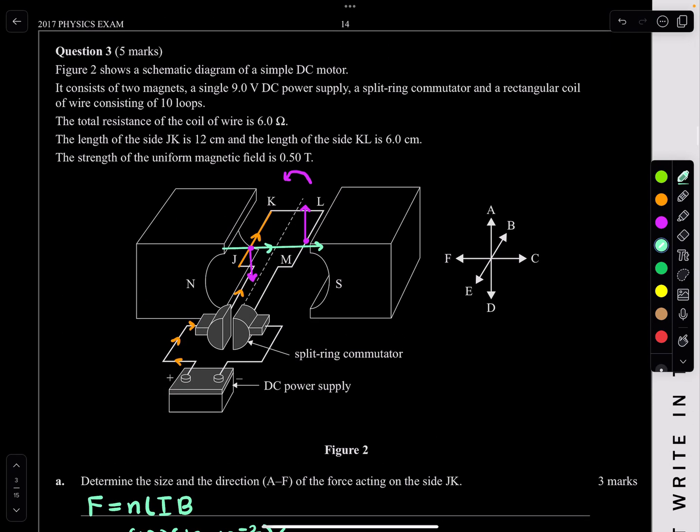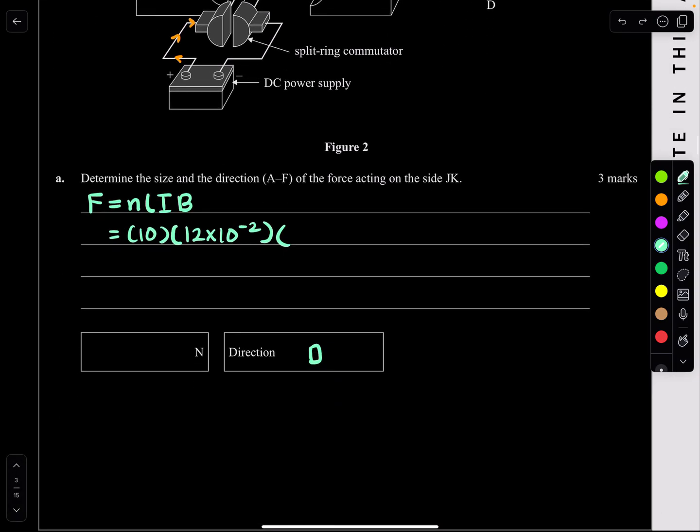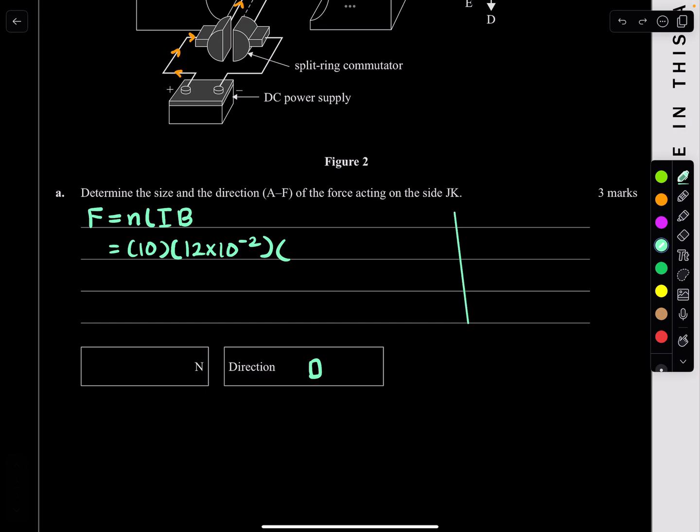The current. Now to get the current, we're not actually given the current, but remember, we're given the resistance and the voltage. By Ohm's law, voltage is equal to I times R, your resistance. So if we want the current, it's voltage over R. What's your voltage?